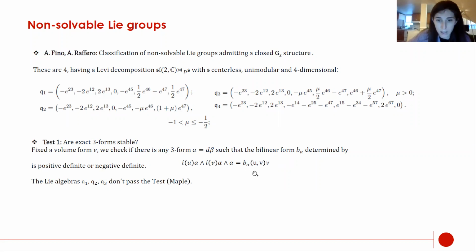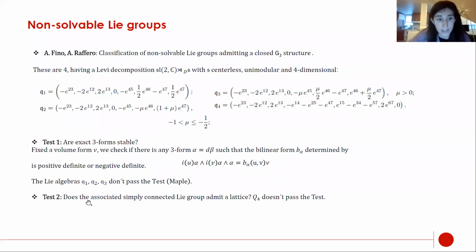If this bilinear form is positive definite or negative definite, then the form alpha will be stable. But in the Lie algebras Q1 to Q3, we can check using Maple that exact three-forms are unstable. And the second one, the associated connected group Q4, doesn't pass the test.